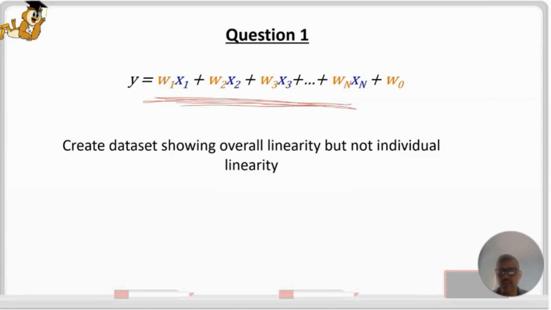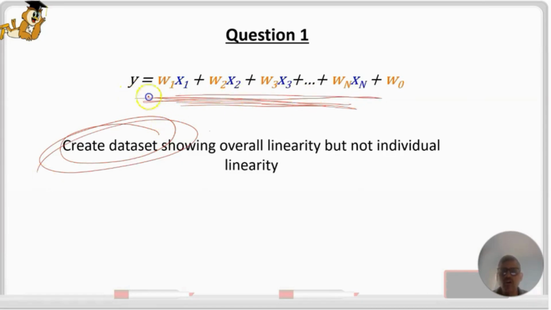I certainly had that question. And that is what I'm asking you to do. I'm asking you to create a data set which satisfies this overall equation, but y is not linearly related to x1, or y is not related linearly to x2, and so on and so forth. So that is the question.